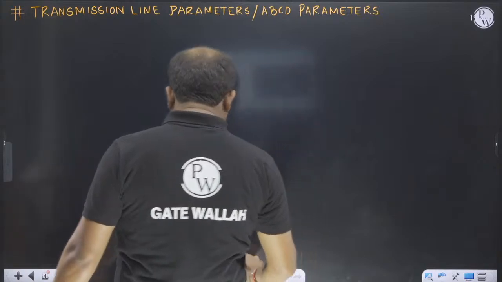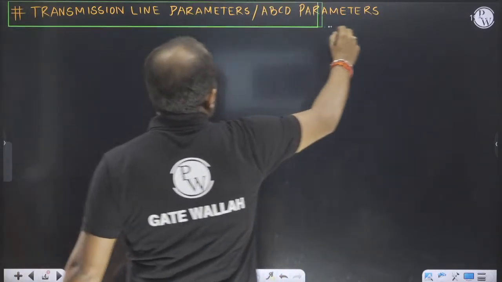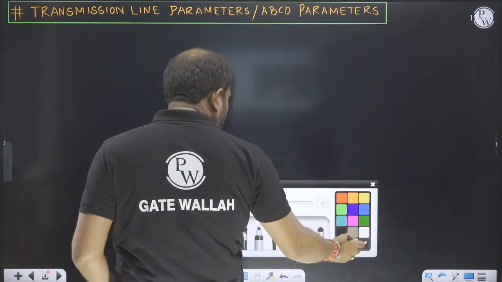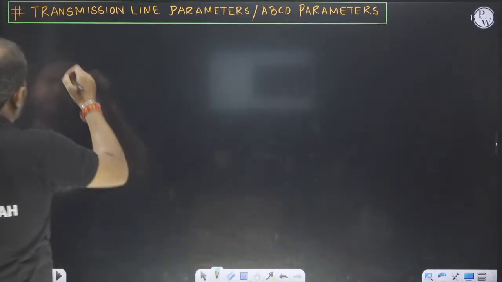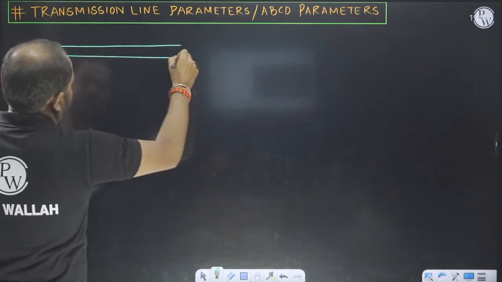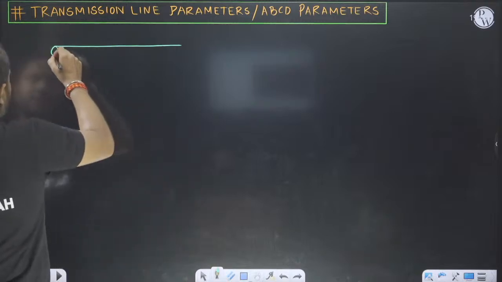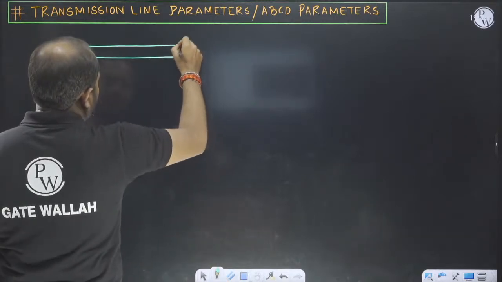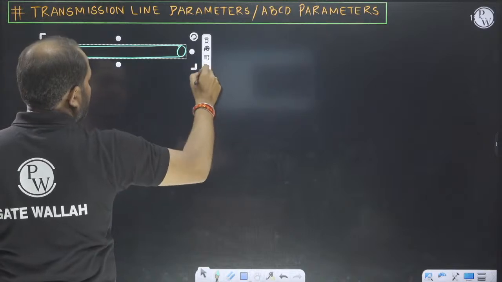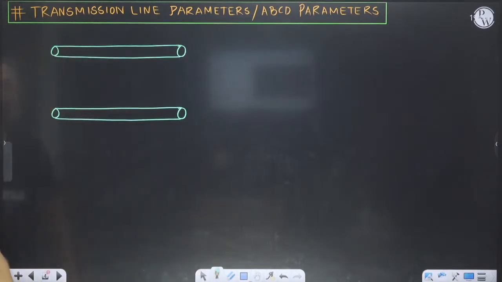In transmission line, we know the voltage and current of load. So our known terms will be output voltage and output current. This is our section of transmission line.